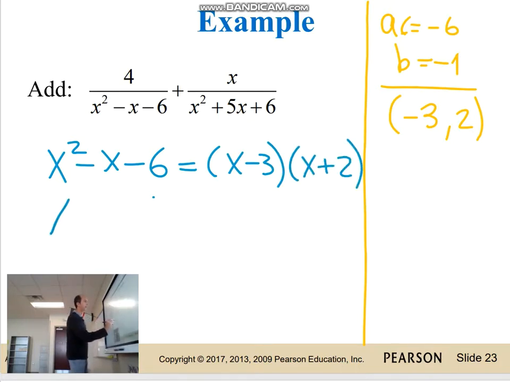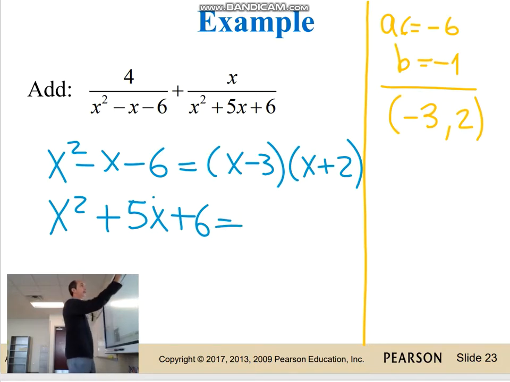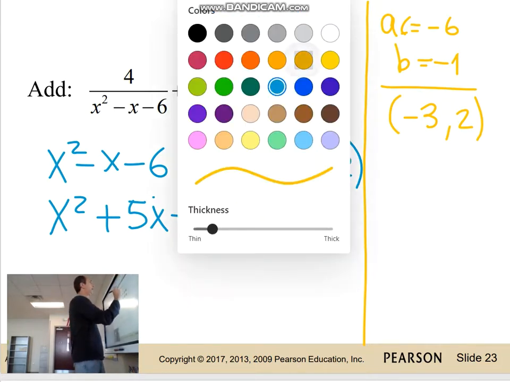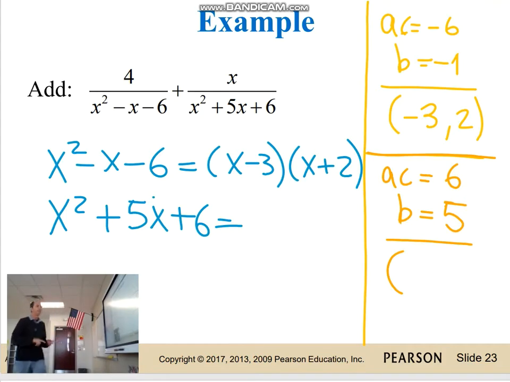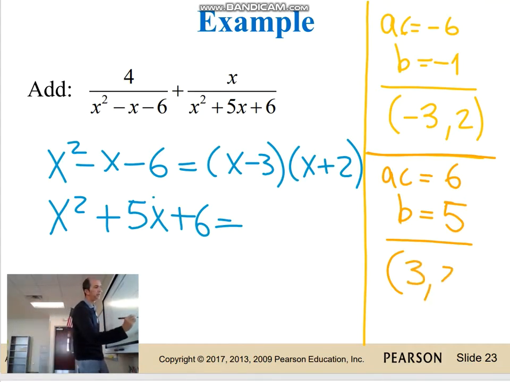The other one, we have x squared plus 5x plus 6, and let's use this scratch paper here by the side. Then we will have AC equals 1 times 6, 6, and B equals 5. So the two numbers that multiply to 6 and add to 5 are going to be 3 and 2, right?